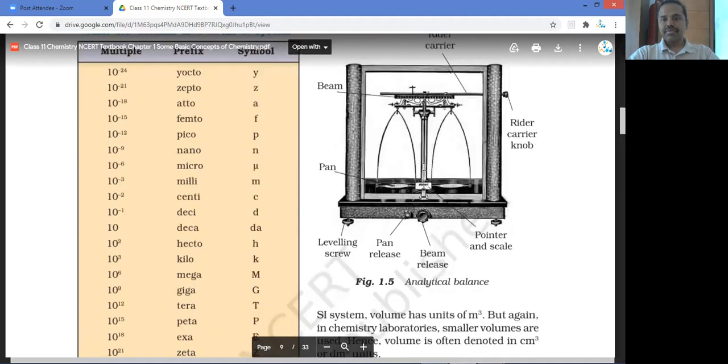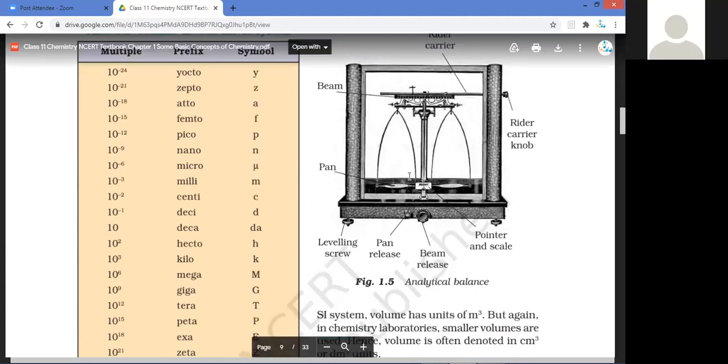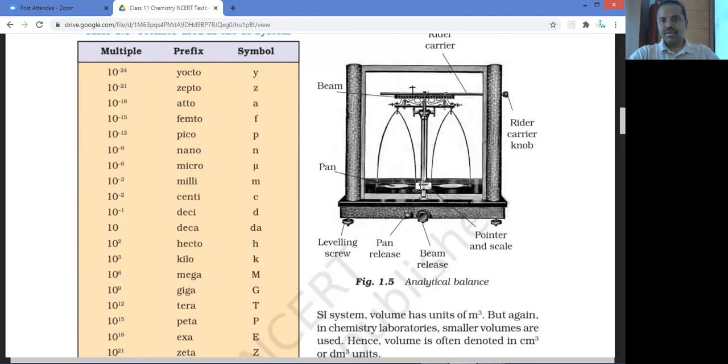The pan release is to set it to neutral. Then there is a beam release. The beam release, I think, lets you raise it up and down. And then the pointer scale shows the reading.